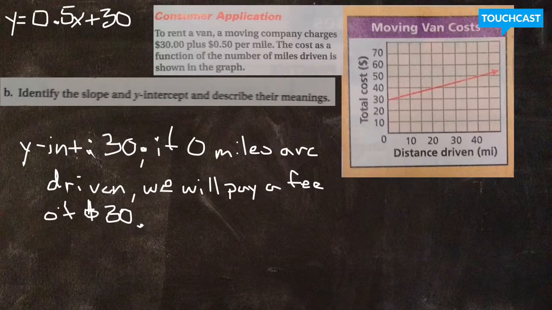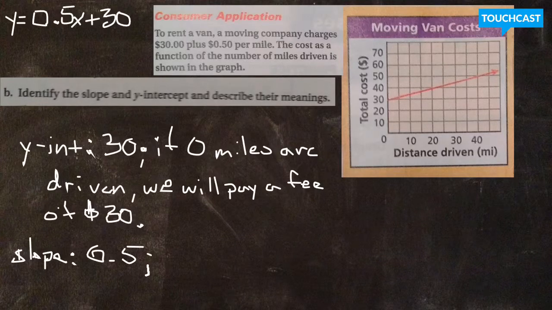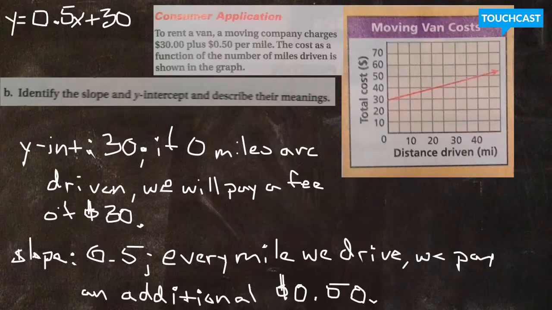Our slope is 0.5. What that means is that the rate of change of our cost is 50 cents per mile. So every mile we drive, we have to pay an additional 50 cents.